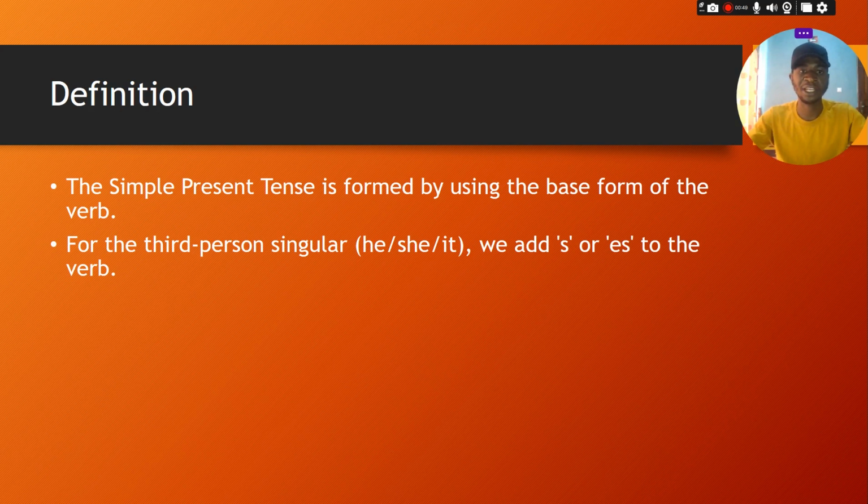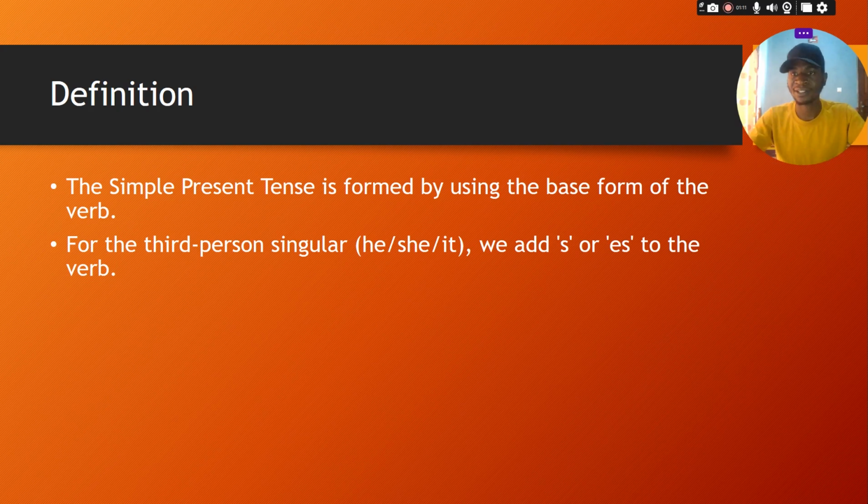So I've used the third person singular she, and my verb go, I added es to make it goes since it's third person singular. Same applies to he. Even if I use he, I can say he goes to school every day.